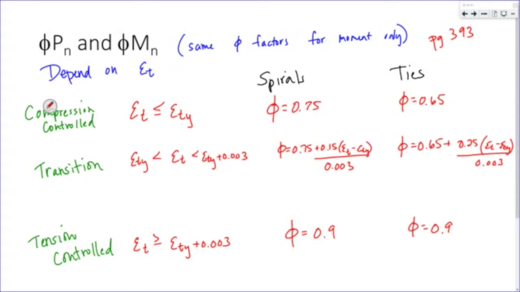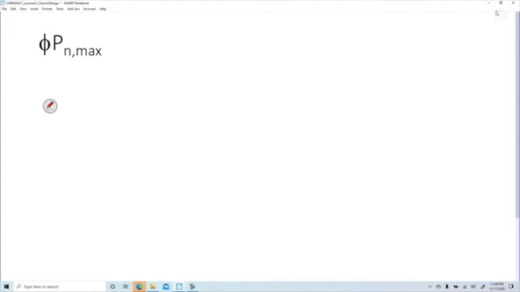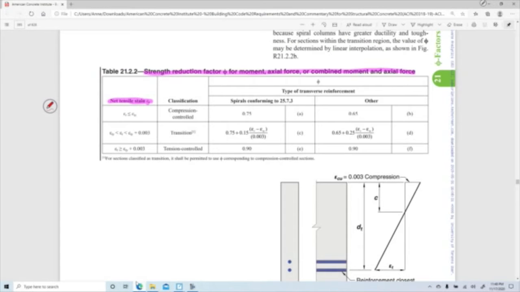There's actually a PN max. Research has shown you shouldn't go all the way to just phi times the axial compression capacity. It's in the next chapter, chapter 22.